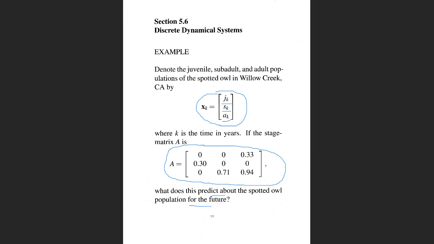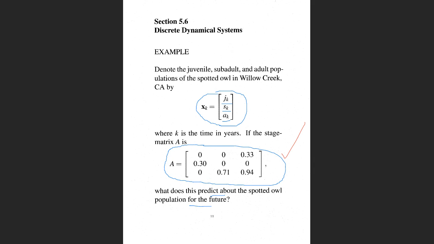So we're always very concerned about what's going to happen to the future of populations of species. By the way, is this a stochastic matrix? This matrix here? Is the matrix A a stochastic matrix? That's right, Justin. No, it's not.